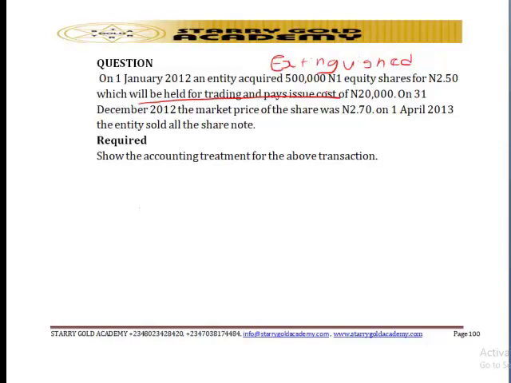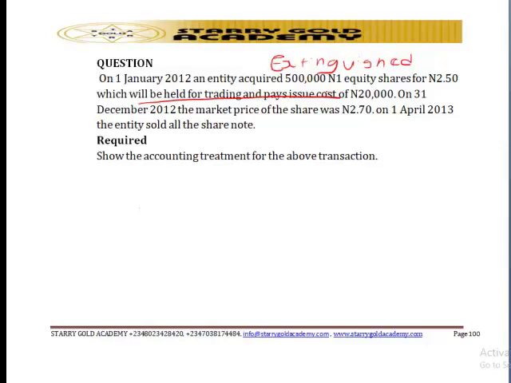So they are actually holding it for trading, and it is the entity that is acquiring. They acquired it, they got it. They paid issue cost of 20,000.